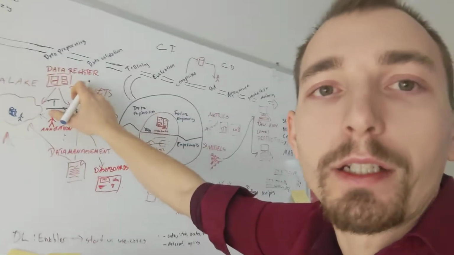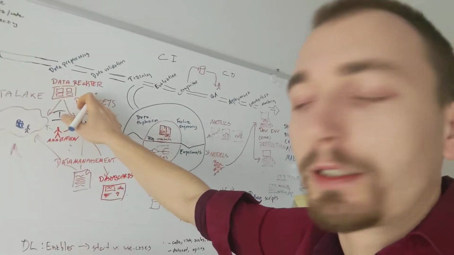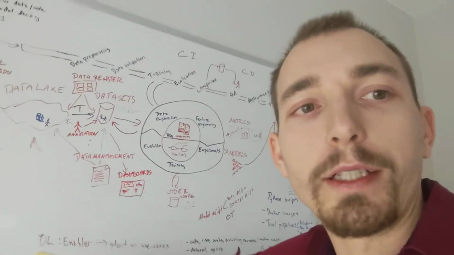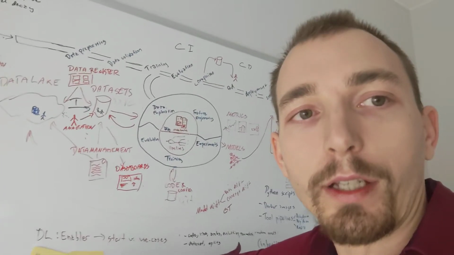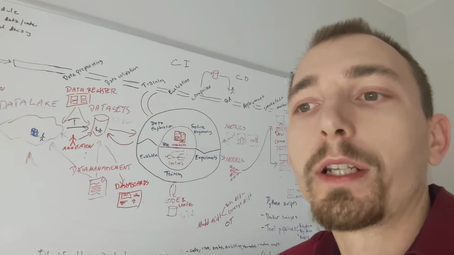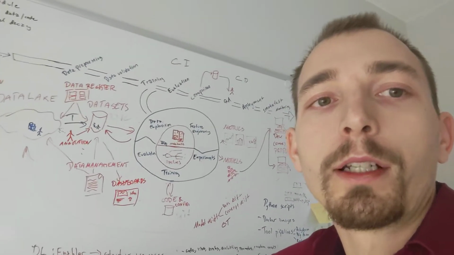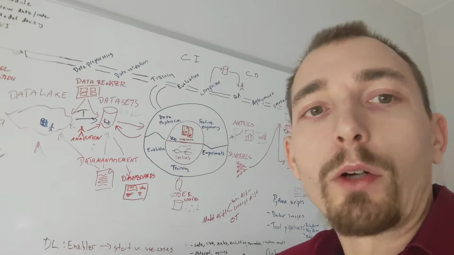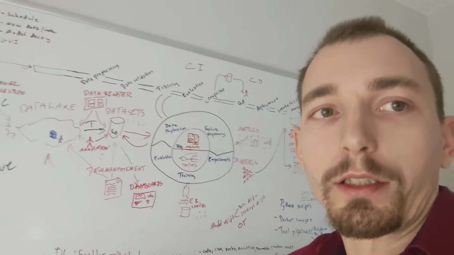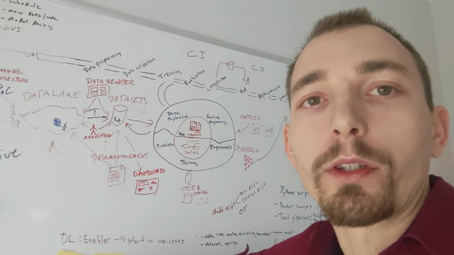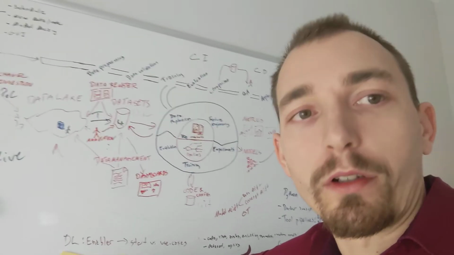And the point of the data register at this point is that it should be an easily accessible holistic view of what data is collected. And it should contain both the data itself and also the annotations. So for example, in this case, we might see that our facial recognition database contains a lot of images of faces. And then we want to know partly how are they annotated.